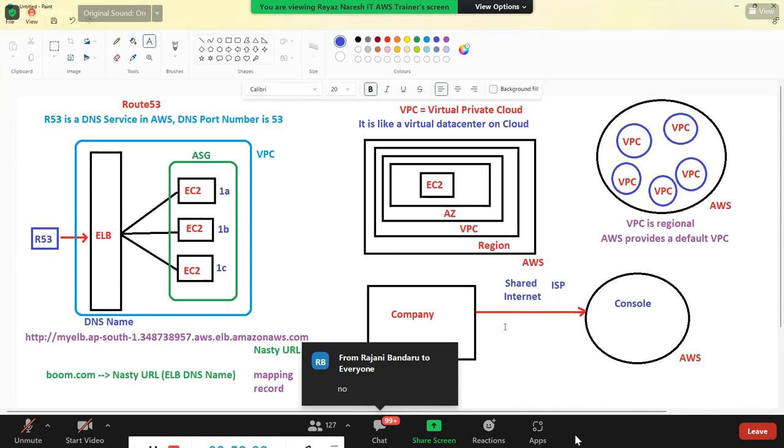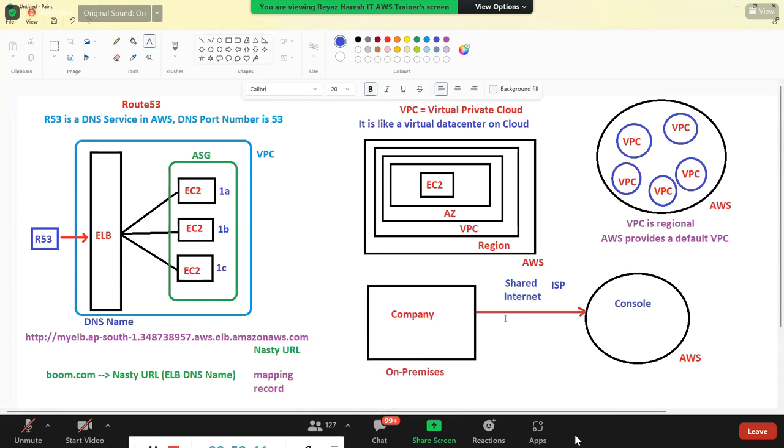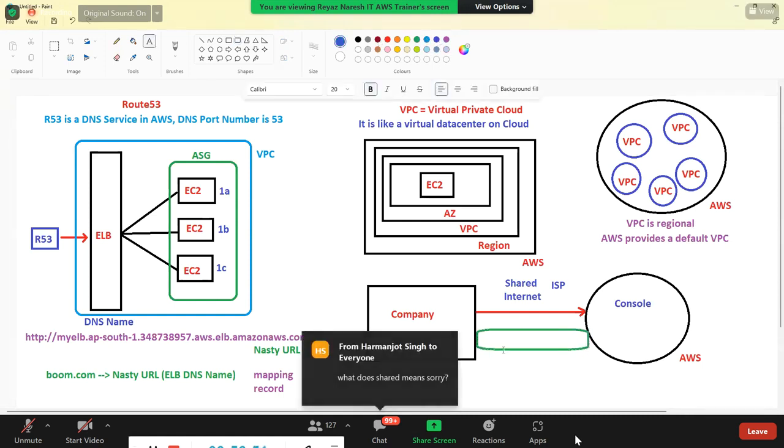But if some company says, hey, I don't want to connect to AWS using shared internet, I need a dedicated connection, then AWS came up with a service to set up a direct connection. That is a service called Direct Connect.